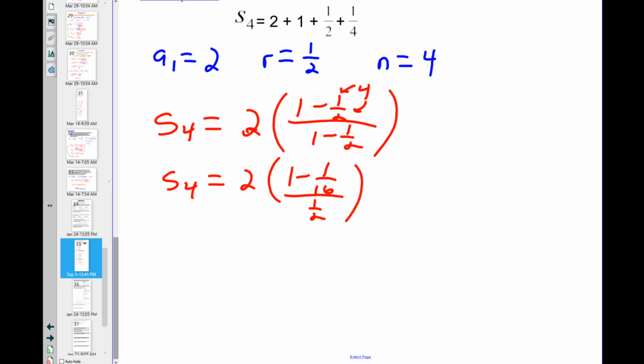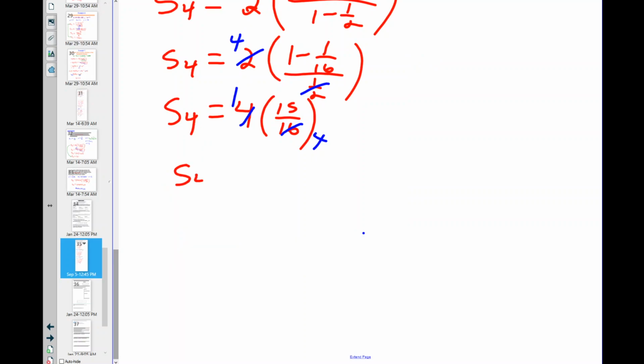What's 2 divided by 1/2? 4. Good. What's 1 minus 1 over 16? Remember, this 1 becomes 16 over 16. So wouldn't that become 15 over 16? This becomes a 4. This becomes a 1. So we end up with the sum of 4 is equal to 15 over 4.